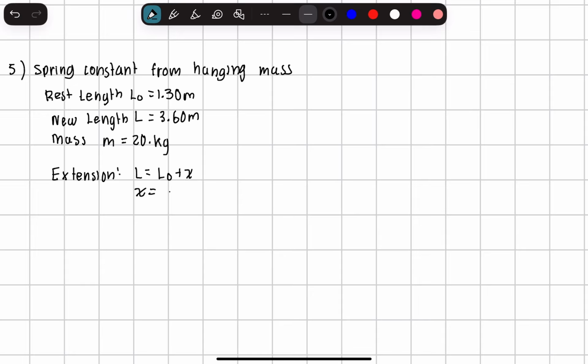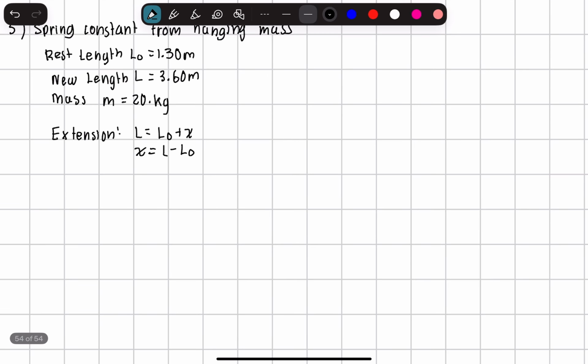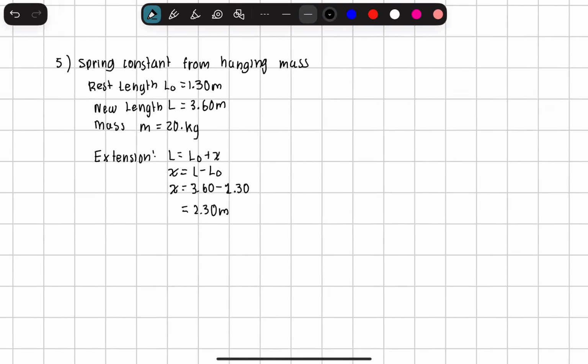So we rearrange that, and that's just L minus L initial. Now to get X, we plug in those values: the extended length is 3.60, and the initial was 1.30. So you get that the distance you stretched the string was 2.30 meters. And this is already in meters, so we don't have to convert it.